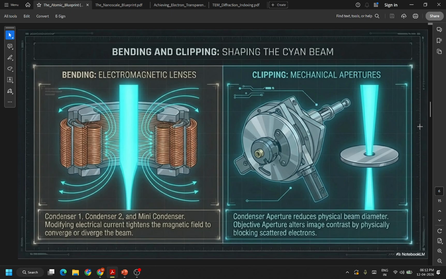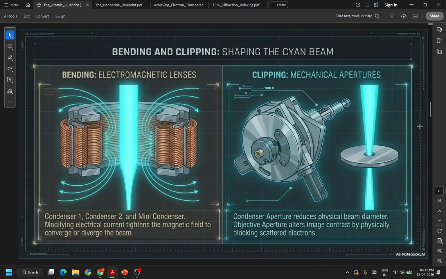So next would be the bending and clipping. We use electromagnetic lenses in the condenser, so that will sharpen, converge or diverge the beam, manipulating the beam using magnetic fields. And after that, there will be mechanical apertures which will be used to shape the beam.